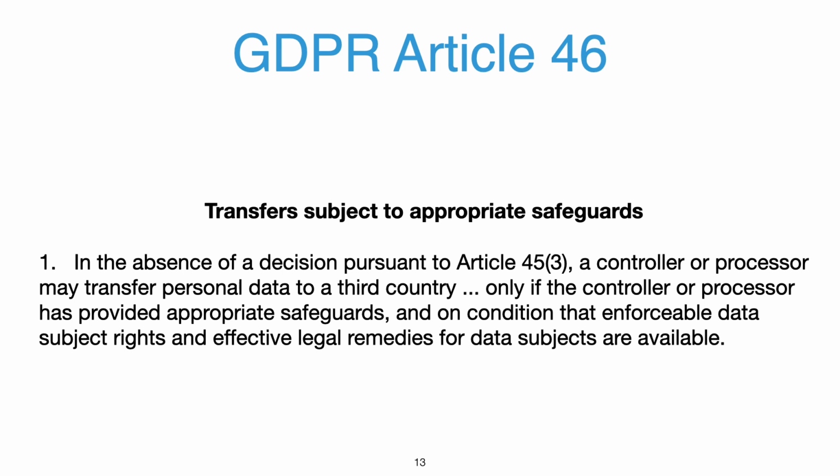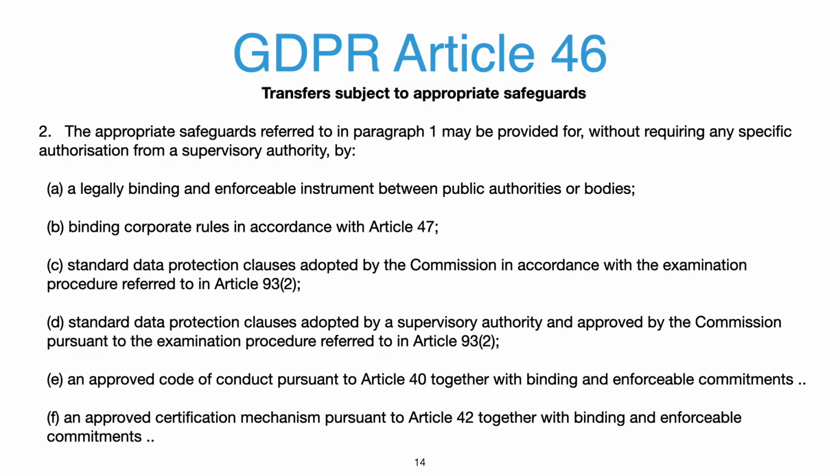So if you want to do processing in a third country, in the absence of an adequacy decision, Article 46.2 specifies the mechanisms you can use to allow that to happen. So the first is a legally binding and enforceable instrument between public authorities or bodies. The second is perhaps the most important, and that's binding corporate rules in accordance with Article 47.